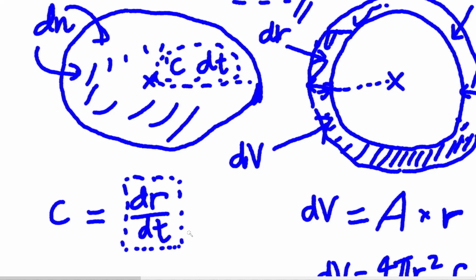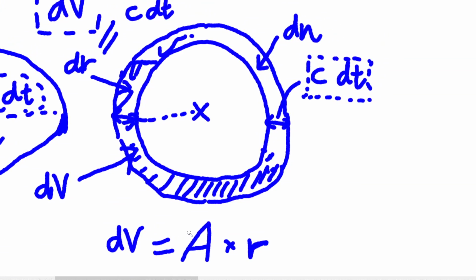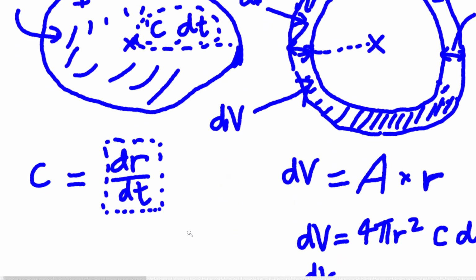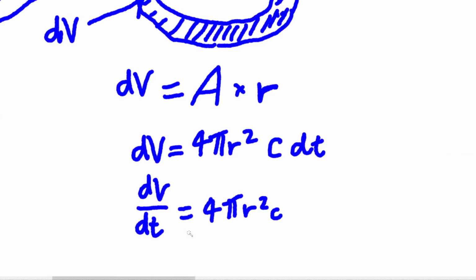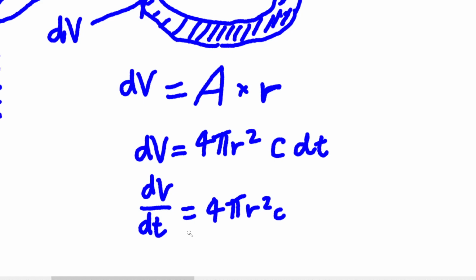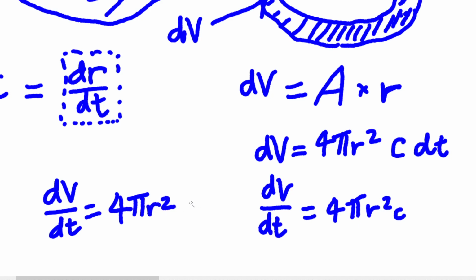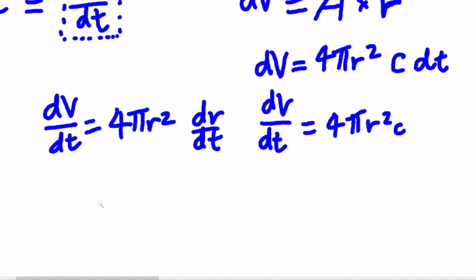And it's useful for only that, because it tells you that the thickness of this shell that you're working with is related to how fast the shell spreads out, and you can use that as a problem-solving tool to get this final quantity dv by dt, which is what you wanted to find in the first place. So, in a sense, we're really saying that dv by dt is 4 pi r squared dr by dt, or if you multiply both sides by dt, taking the time element completely out of it, dv is equal to 4 pi r squared dr.